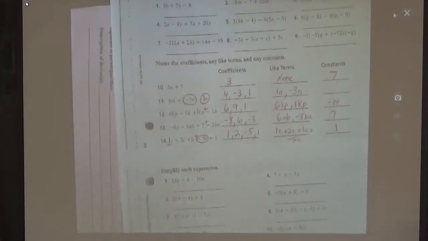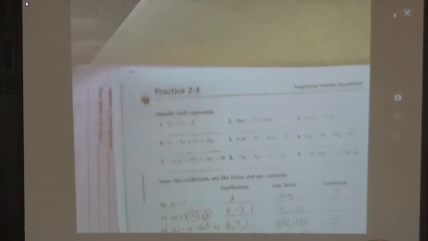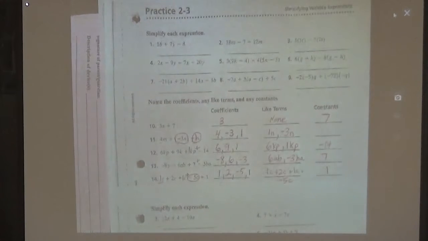Okay? So that is what we're doing with constants, coefficients, like terms. You need to be able to identify those and get really, really good at identifying coefficients, constants, and like terms. Okay?